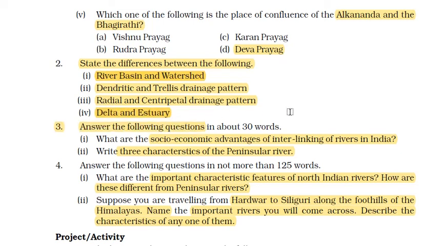These two are from question number two. Then question number three, both questions you have to do in your notebook. And the last question will be question number four, one, that is, what are the important characteristics of the difference? So in total you have to do five questions from this chapter, that is drainage system.